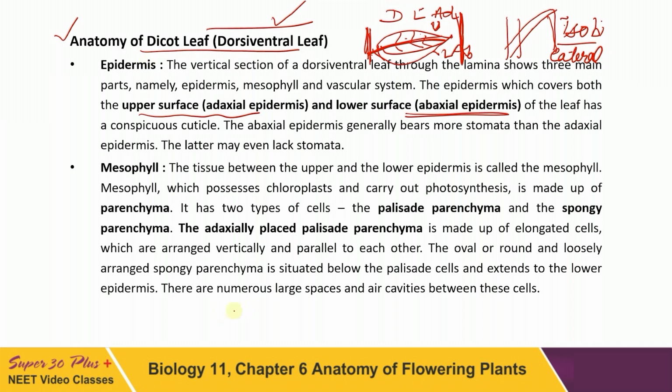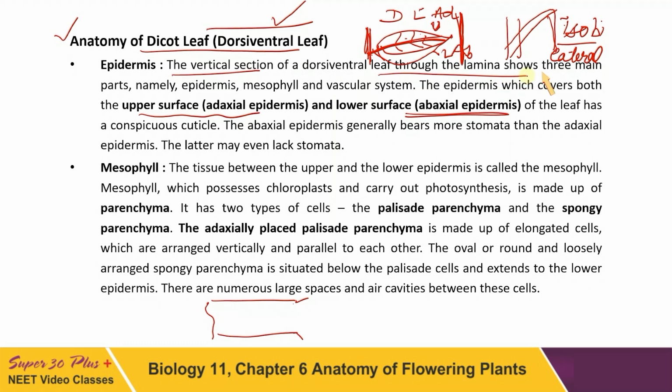See the diagram here. This is the leaf. It is packed in between two layers, the upper and the lower epidermis. This is the upper epidermis, and this one is the lower epidermis. In between, the leaf's tissue is present. We have to cut a vertical section of the dorsiventral leaf through the lamina.